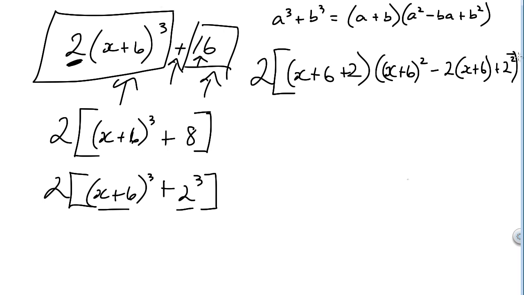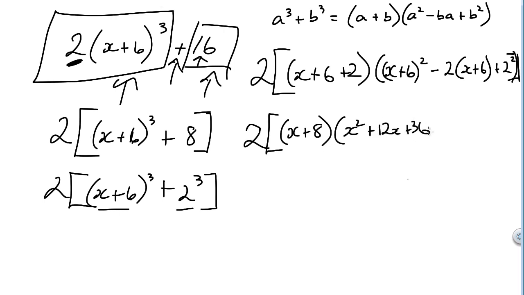When I clean this up a bit, it looks like 2 in square brackets, (x plus 8) multiplied by (x squared plus 12x plus 36, subtract 2x and subtract 12, and plus 4).